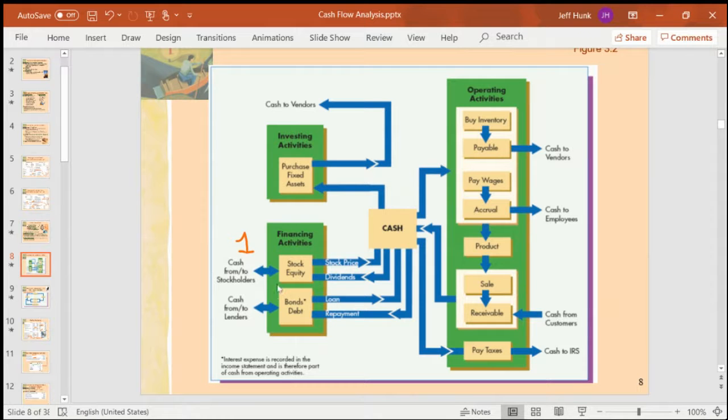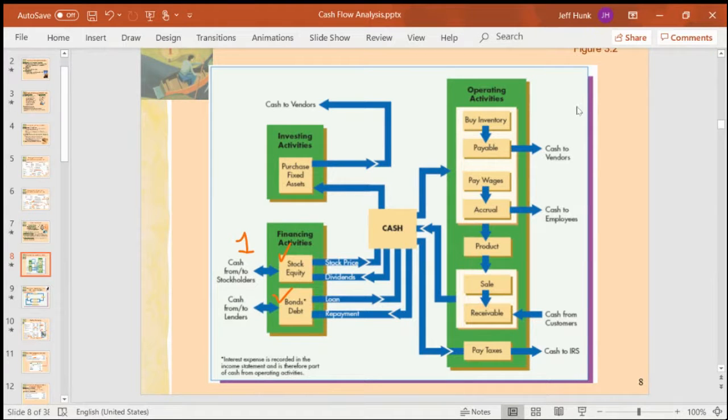To raise capital, you will sell stocks or sell bonds, and then the proceeds come in, and you get the loan. That cash will be used to support operating activities.